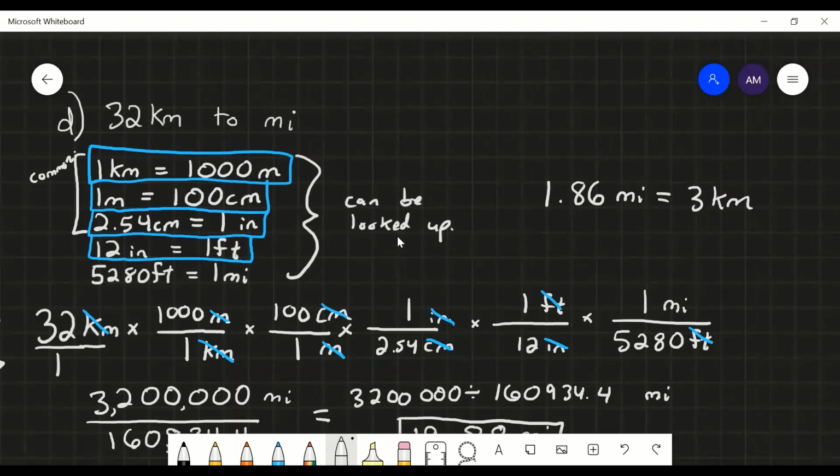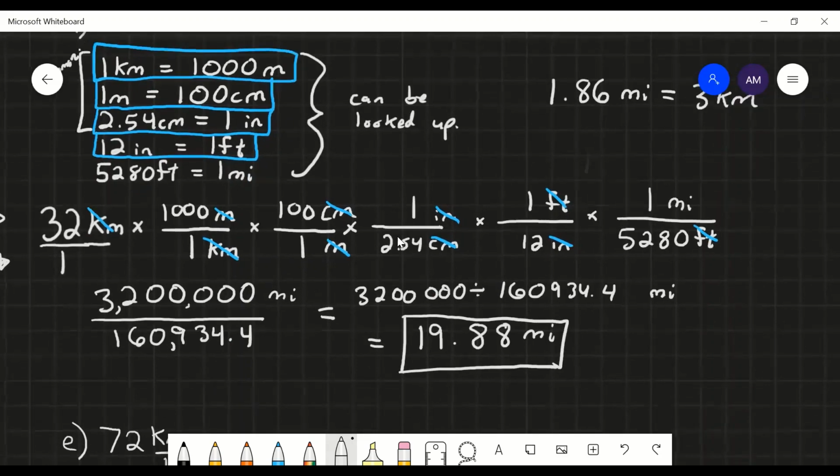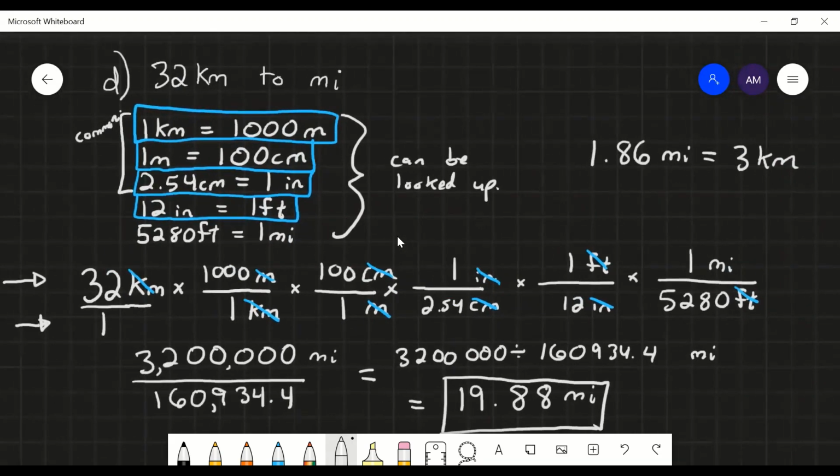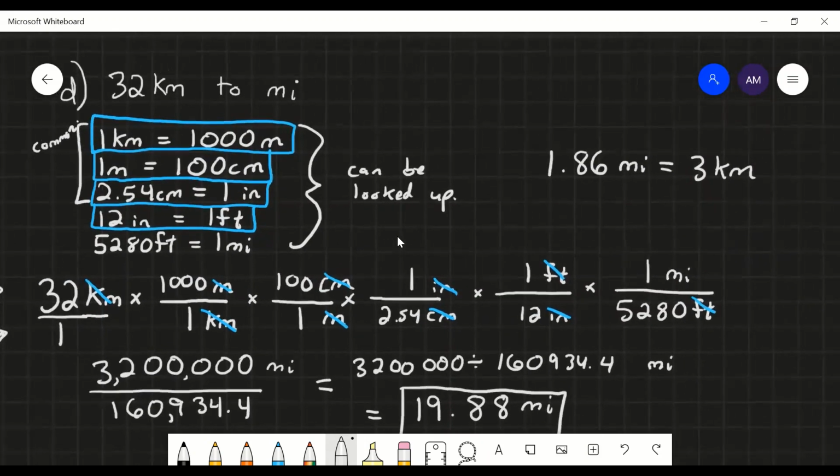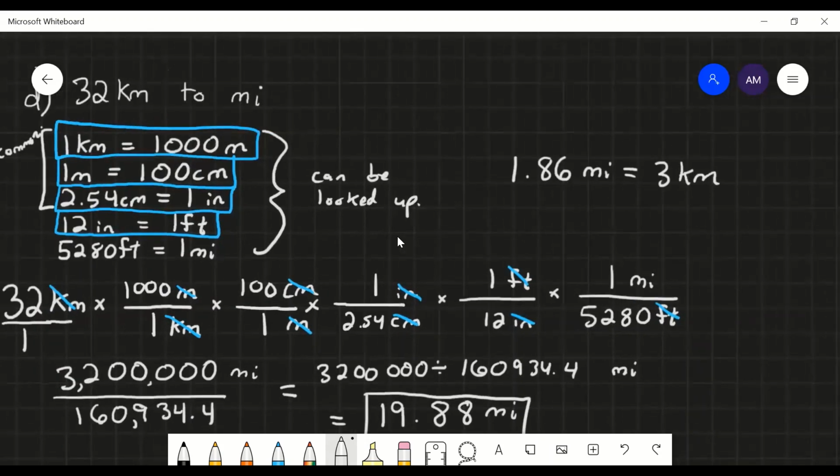So we could have done the same question, but much faster. I just really wanted to show you that we could convert many, many units all in a row with this fraction system. Let's try the same question though, using this as our conversion. I'll show you just how much easier it is if we knew this ahead of time.